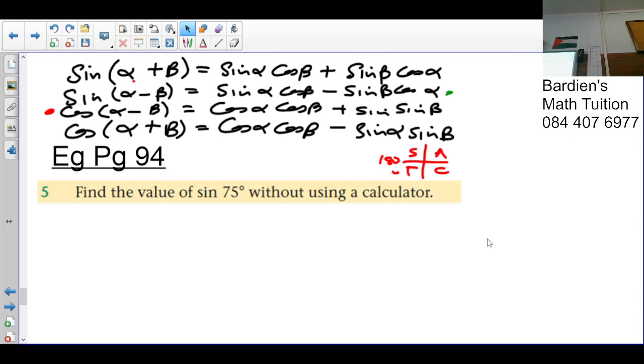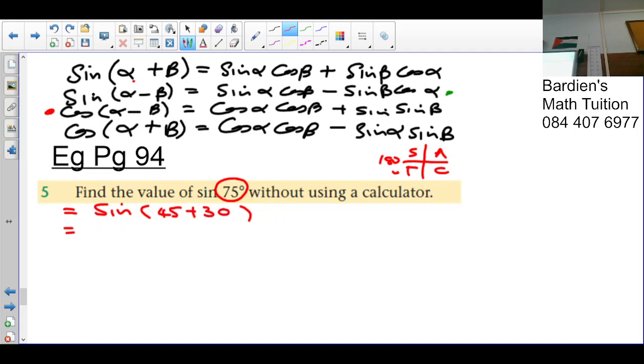Okay. So 75 can be made of what? 2 special angles. 45 plus 30 degrees. Not so. So sine 45. This to us should be the same as sine alpha plus beta.